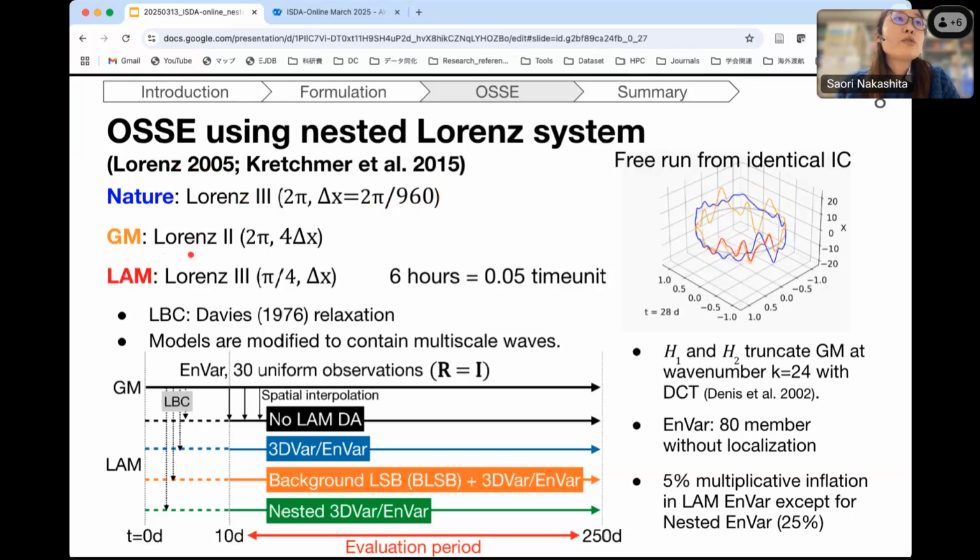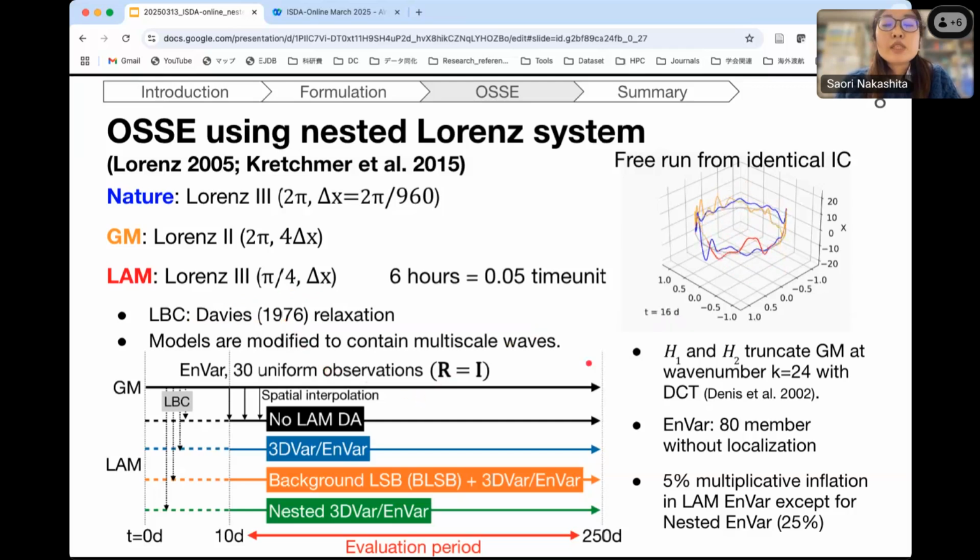GM uses the type 2 model with 4 times coarser spatial resolution than the nature run. LAM follows the same model dynamics and spatial resolution as the nature run, but computed in the quarter domain. And the lateral boundary conditions for LAM are given by Davies relaxation.